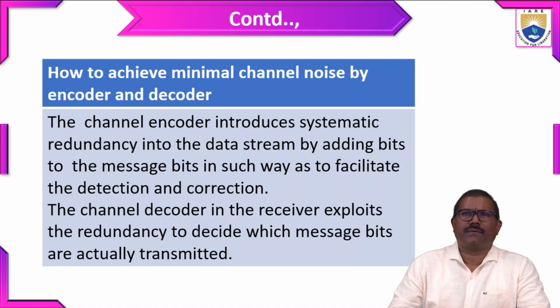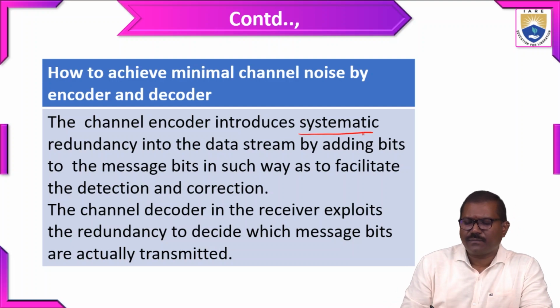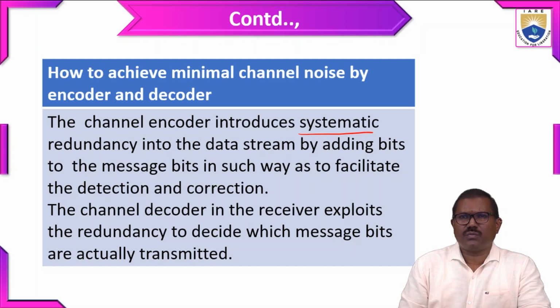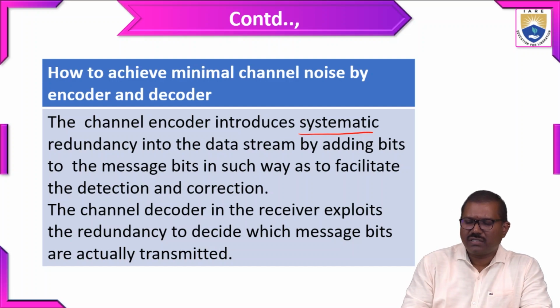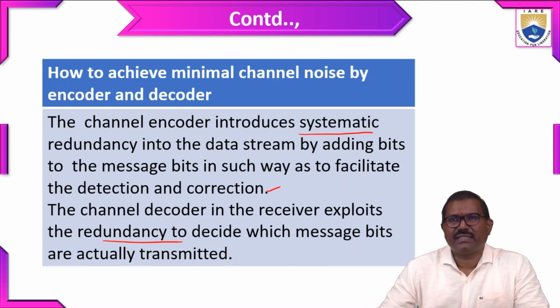By encoder and decoder. Simply, by introducing systematic redundancy into the data stream by adding bits to the message bits, in such a way as to facilitate detection and correction. And the channel decoder in the receiver exploits this redundancy to decide which message bits were actually transmitted. Okay, so already discussed it.